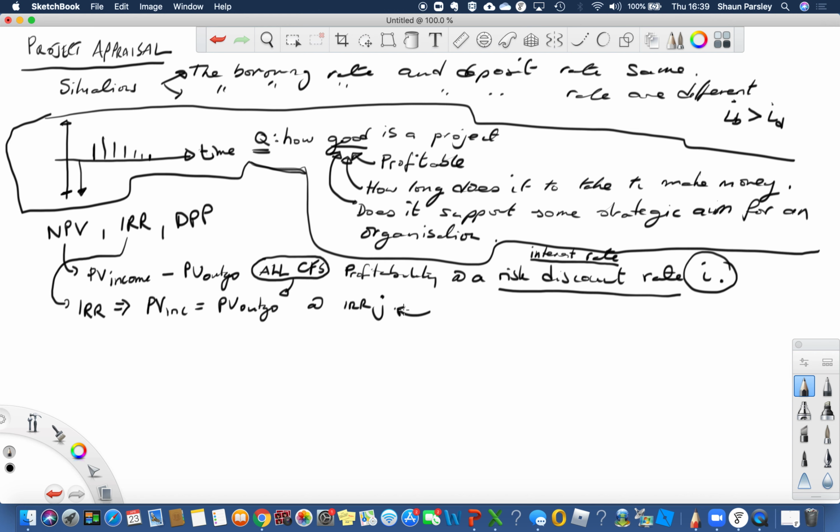Now, why is that helpful? There might be what's called a hurdle rate that the project has to achieve. If J turns out to be, if the internal rate of return turns out to be greater than the hurdle rate, HR, implies proceed.